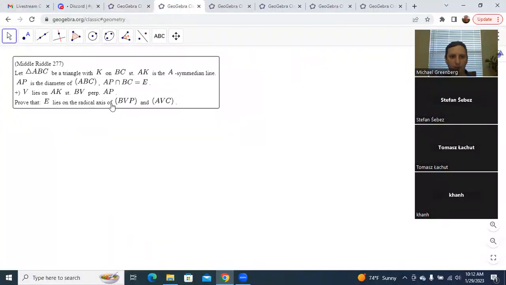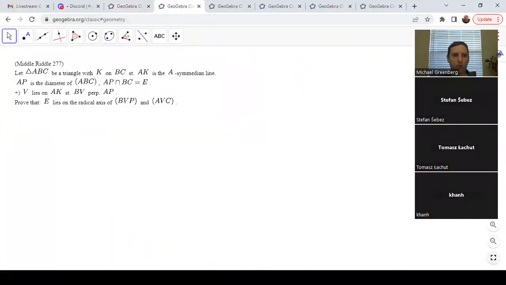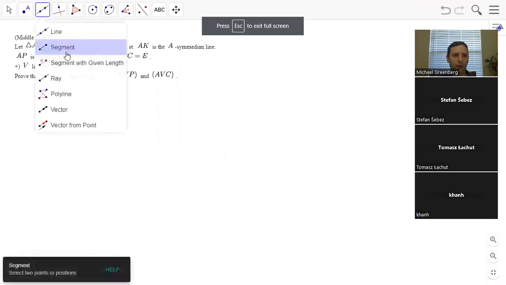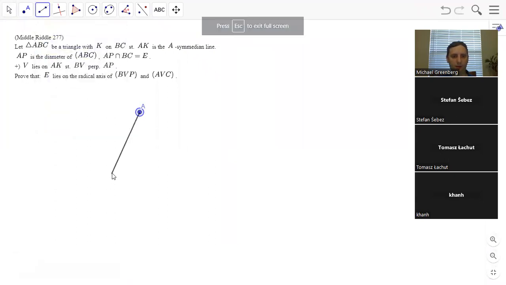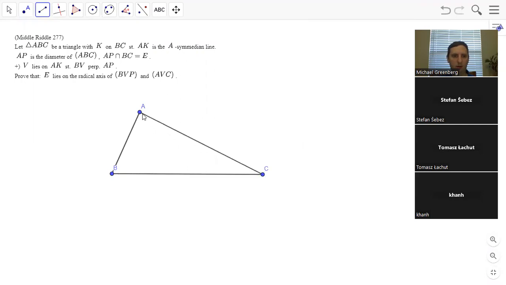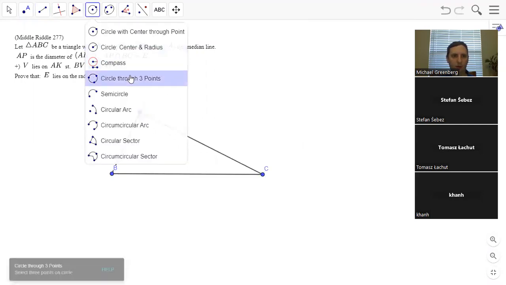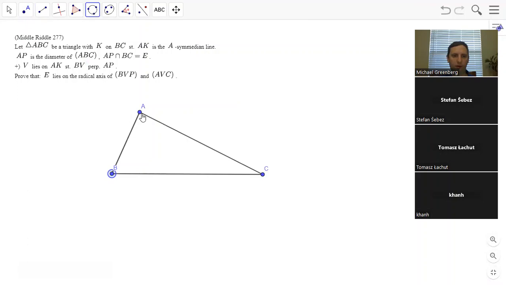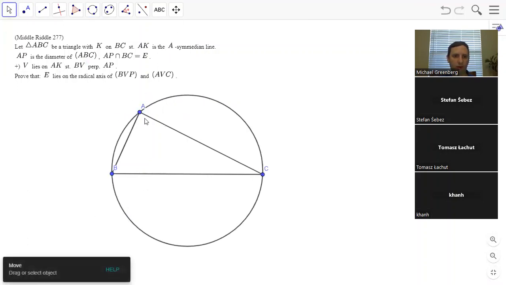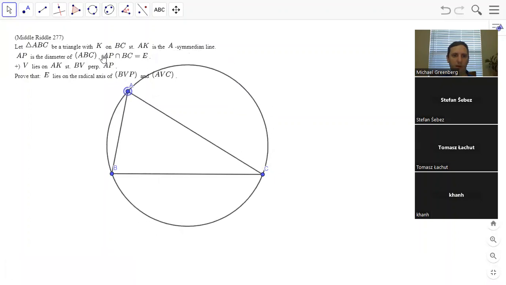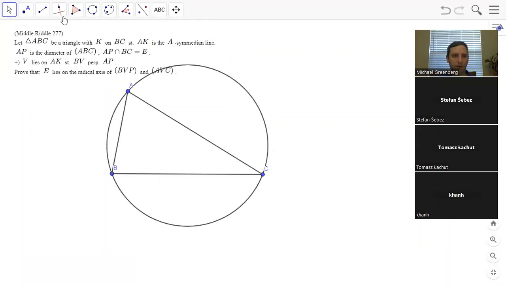This one looks kind of interesting. So we have a triangle. K is the foot of the symmedian. My favorite way of doing it is just draw the tangents at B and C, and we could let that segment intersect.